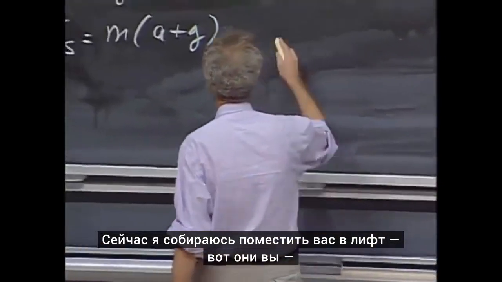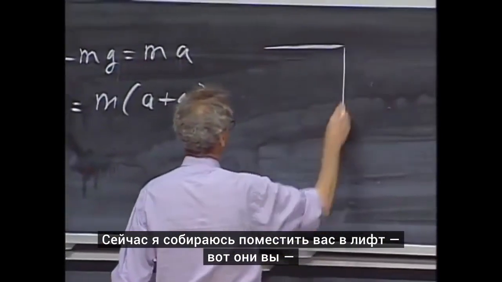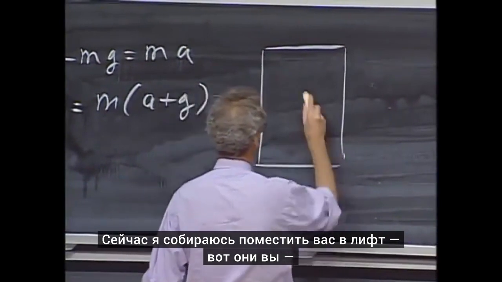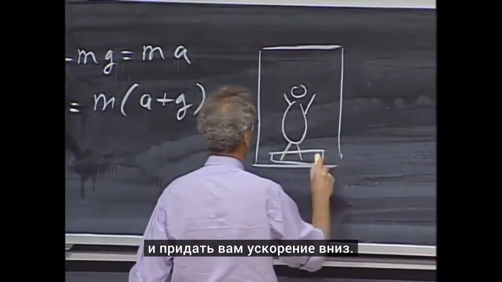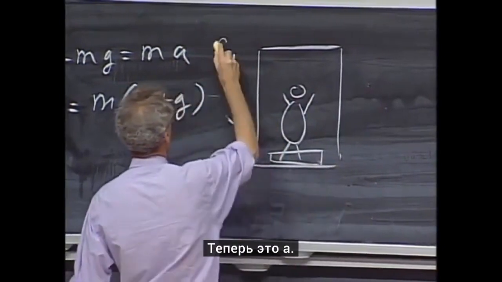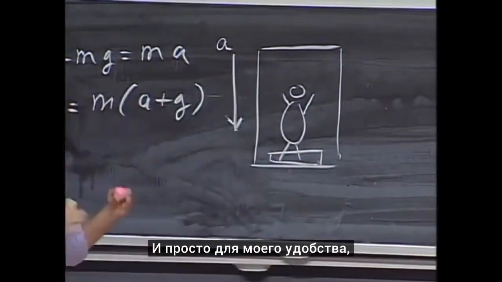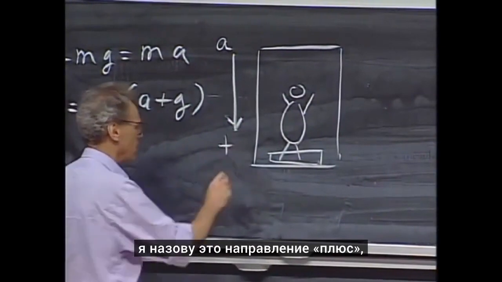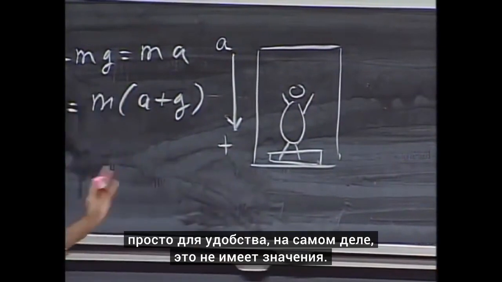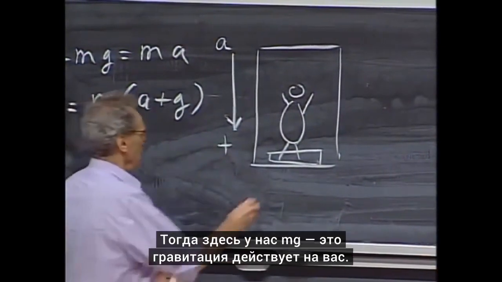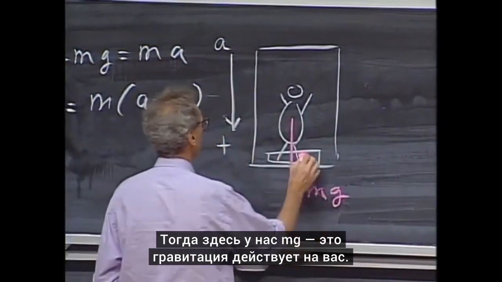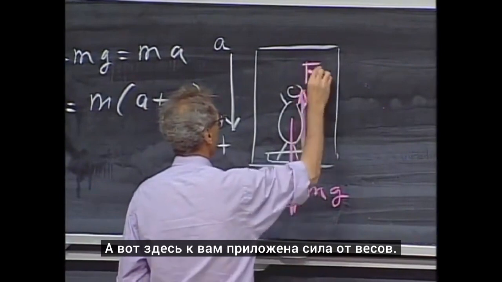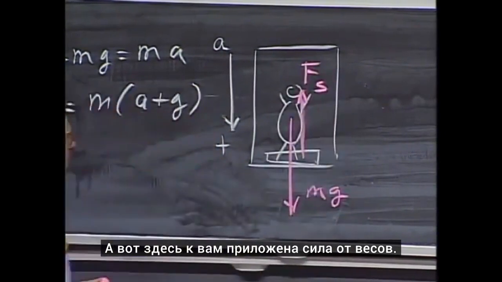Now, I'm going to put you in the elevator. Here you are. And I'm going to accelerate you down. This is now a. And just for my convenience, I call this now the plus direction. It doesn't really matter. So now we have here mg, that is gravity acting upon you, and now you have the force from the bathroom scale.